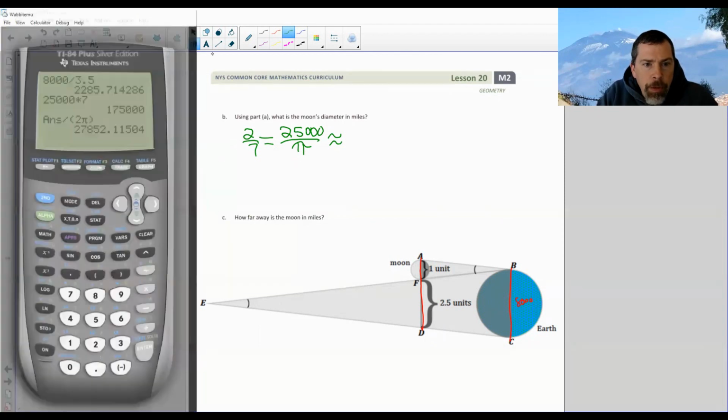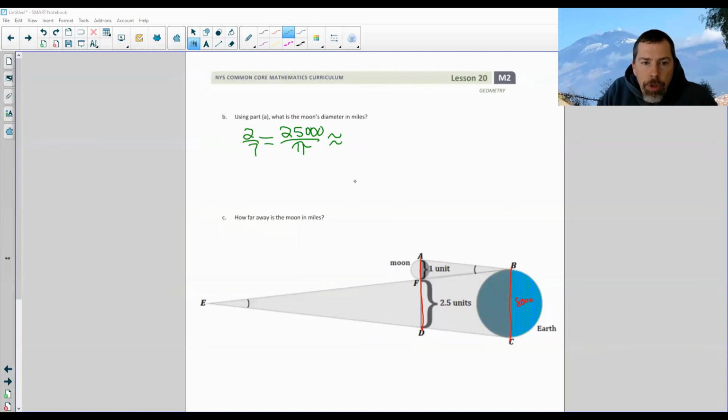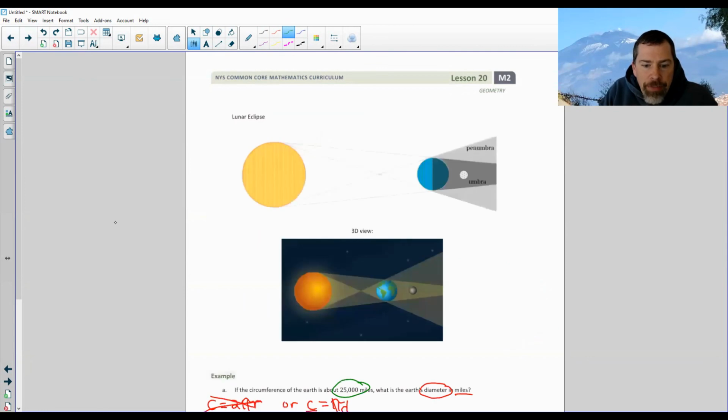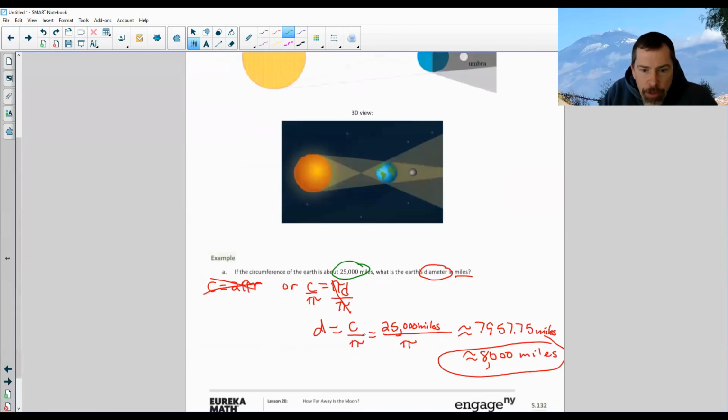No, that's not what we're doing. We're going to take 2/7 times, I'm setting up a proportion here, my fault. All right, it's 2/7 of 25,000 over pi. Well, we already did the 25,000 divided by pi right here. And we got approximately 8,000 miles.